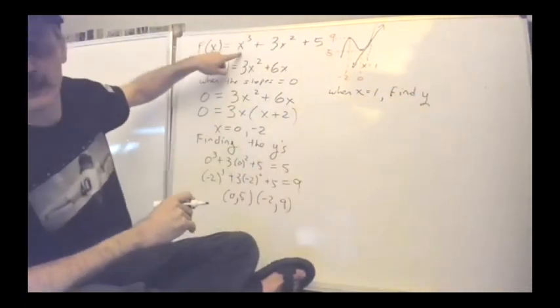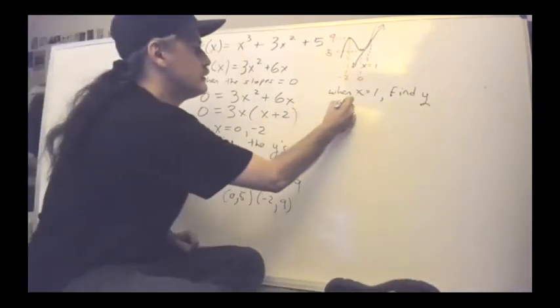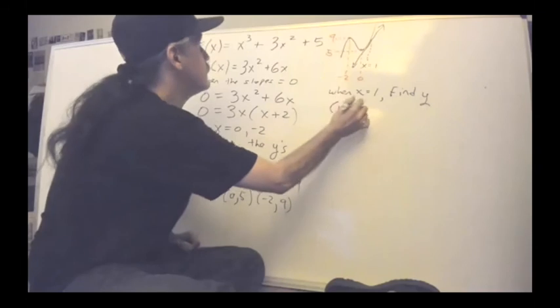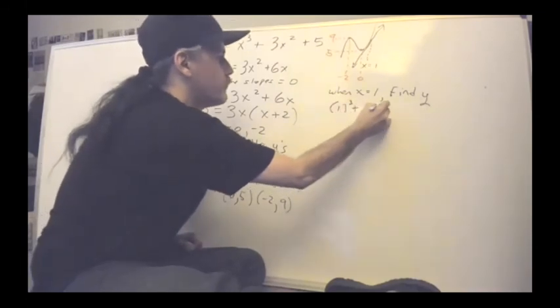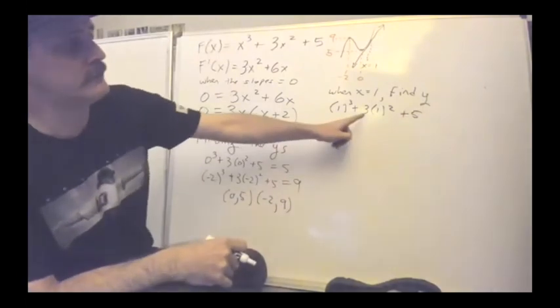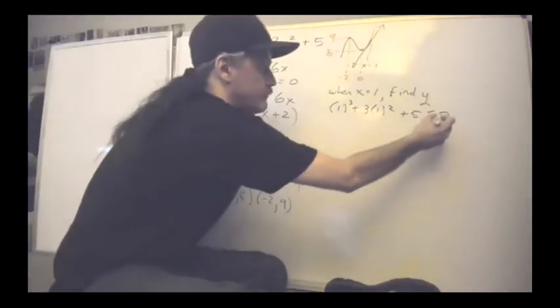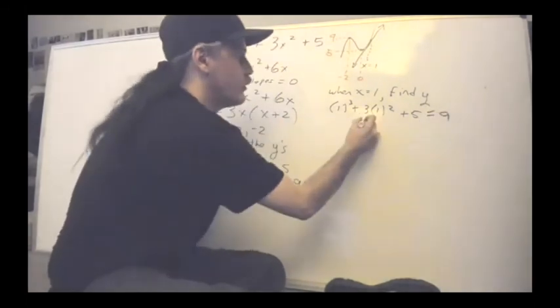All right, well, we go back to the original function to find the y when x is 1. All right, and so what, 1 plus 3 plus 5, so it looks like 9. Okay, so then 1, 9.